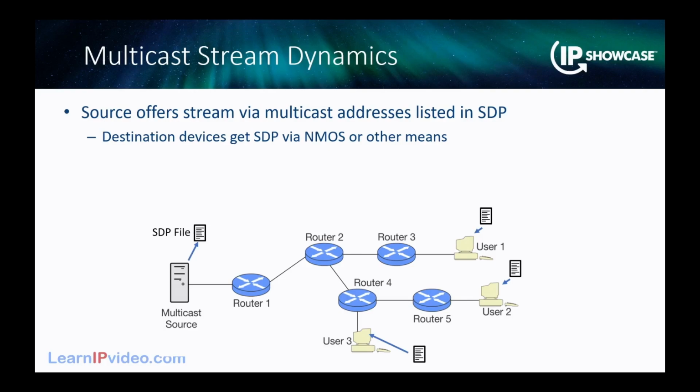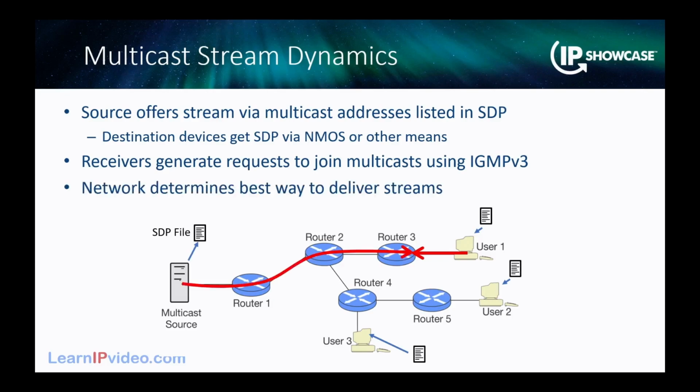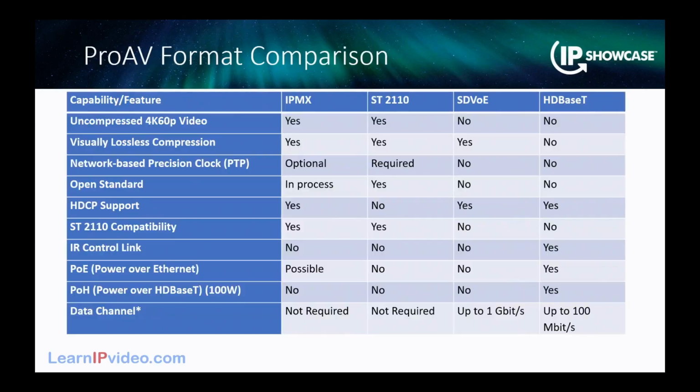By reading that SDP, they can know which multicast to join, and then the network figures out how to get each one of those devices connected to the source. And we'll talk about networking in another session today.